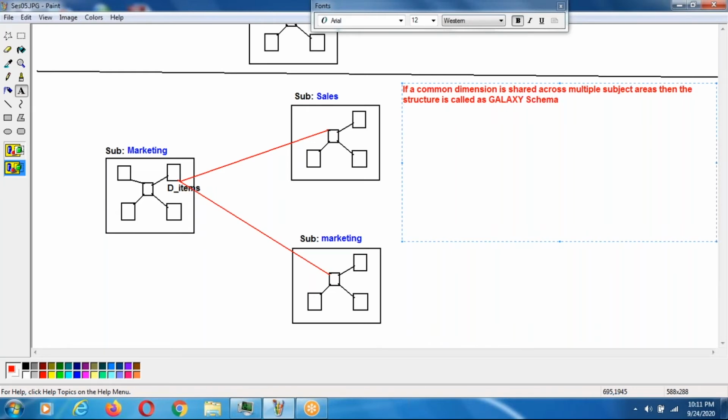Clear about this? Yes. So whenever you are sharing a dimension table to other subject areas, that particular structure is called a galaxy schema. But when you are sharing it to other subjects, you should not link it to another dimension. You should link only with the fact table.